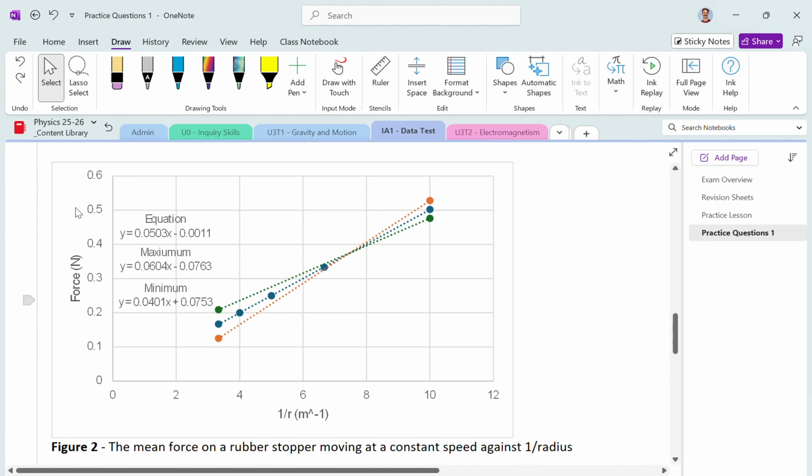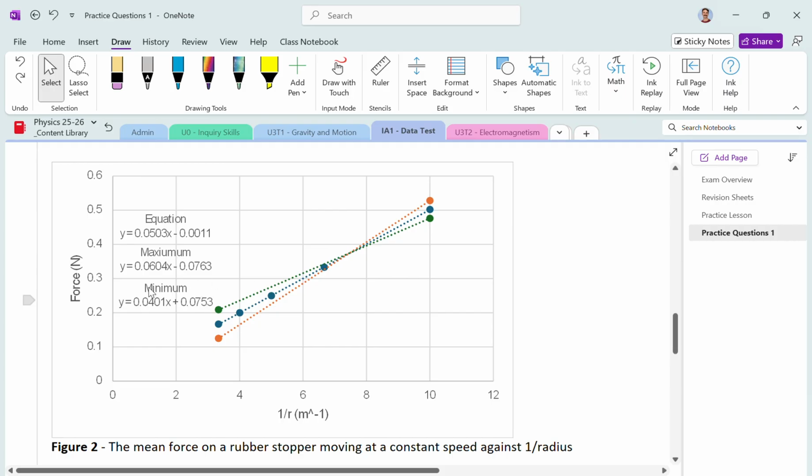Well, in our linearized graph, force against 1 over r, we are given two other equations. We are given a maximum equation, which is this orange line because it's quite steep. The gradient is at a maximum. And we are given a minimum, which is this green line where the slope is less, and this can be seen where it's 0.04.